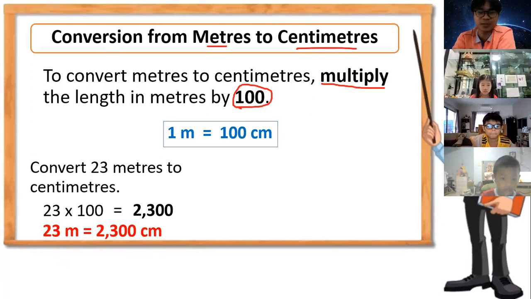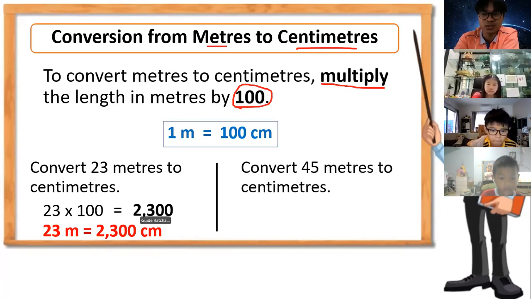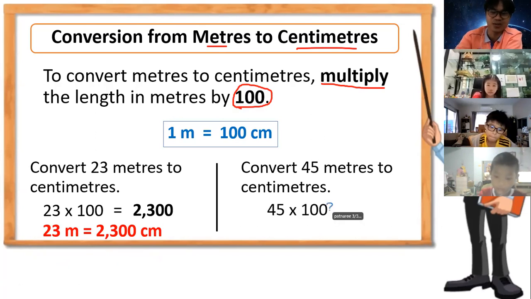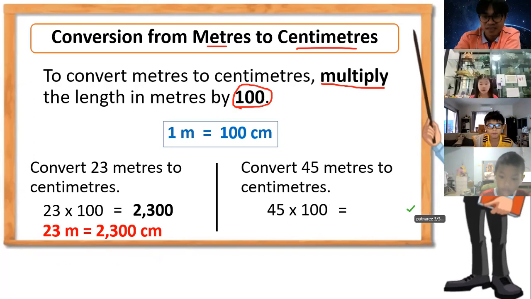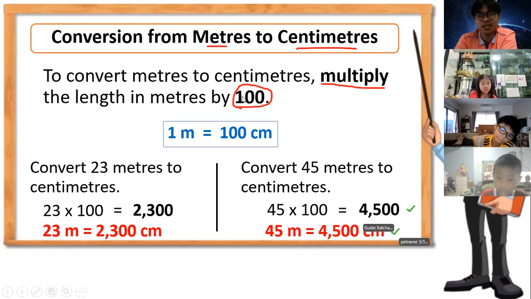Another example. Convert 45 meters to centimeters. 45 times 100 equals 4,500. Very good, that's correct. 4,500 centimeters. So that's how we convert meters to centimeters.